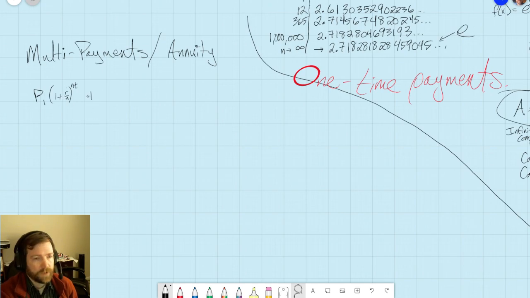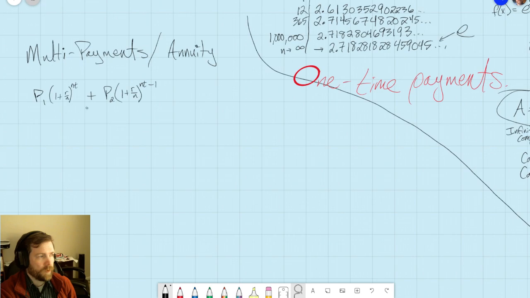Then your second payment is going to earn not quite the same amount, but almost. So it's going to be 1 plus r over n raised to the nt minus 1, because it has one fewer compounding period to accrue interest than the one before it.